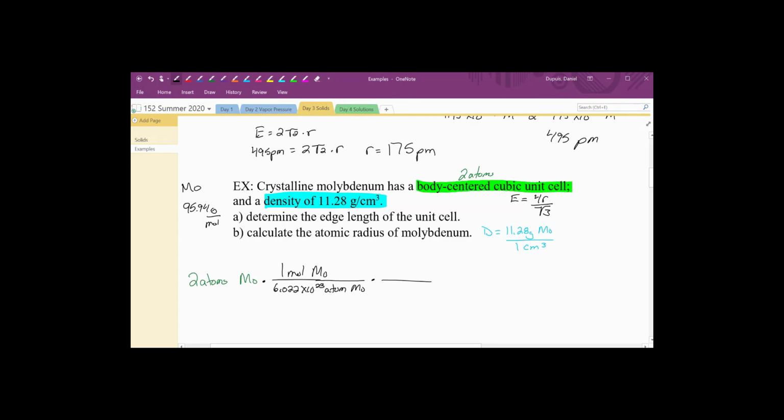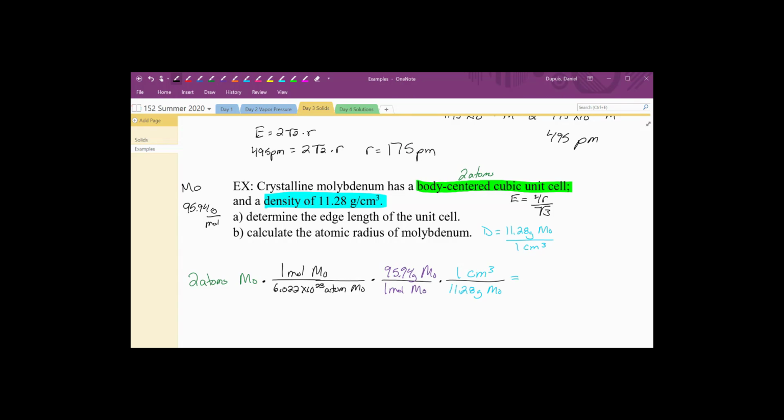And we know 1 mole of molybdenum is 95.94 grams of molybdenum. And we know that there's 11.28 grams of molybdenum in 1 centimeter cubed. So that's going to give us our value.